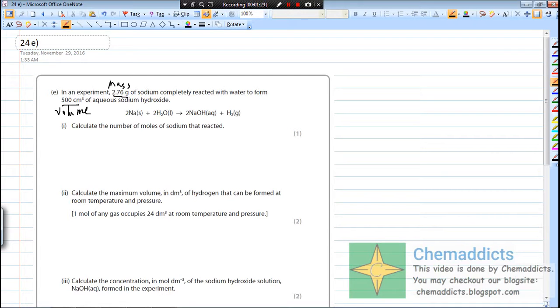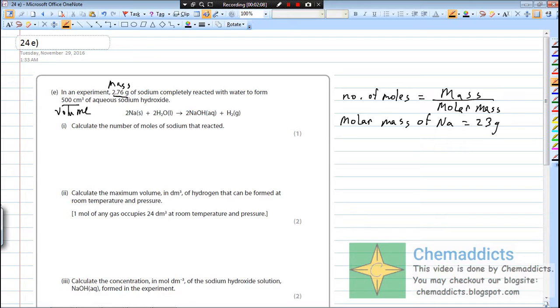We all know the formula: number of moles equals mass divided by molar mass. In here the molar mass of sodium is 23 gram. So the mass is given, and we also know the molar mass of sodium is 23 gram.